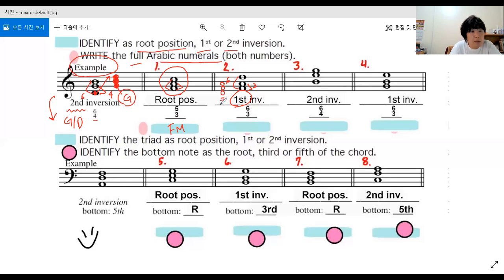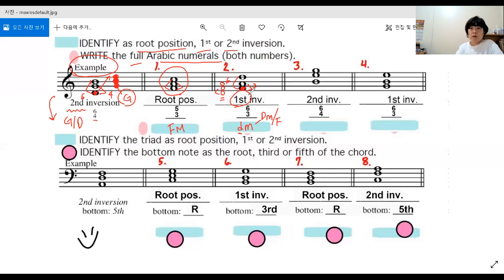Why? Because this is minor third and this is perfect. So this is D minor, first inversion, okay? Since it's minor, we put the lowercase, but when you look at the songbook, it's going to be D minor slash F, because this one is the bass.